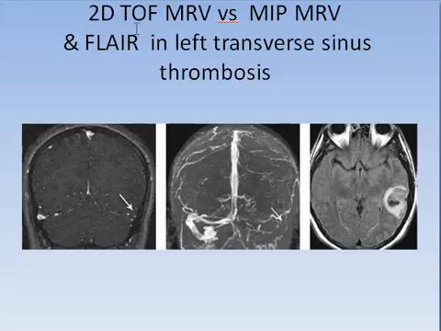Here is time of flight MRV versus MIP, maximum intensity projection, and FLAIR in left transverse sinus thrombosis. This is the left transverse sinus thrombosis, and here nothing is seen, here non-filling, and here the hemorrhagic infarct.